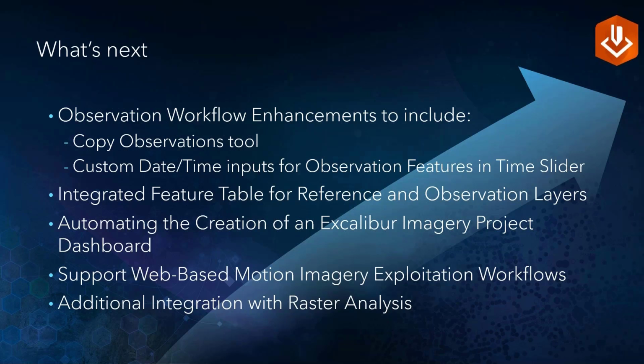We're adding a feature table that will introduce an exploitation canvas, so an analyst can view the attributes or any reference information about a particular observation or an observation layer. So not only seeing a bunch of observations graphically on the screen, but imagine that table, where when you click on a particular observation, all that rich metadata about that observation is in the table. Or vice versa, maybe you want to interact with the table and correlate that to the screen with where those observations are graphically located.